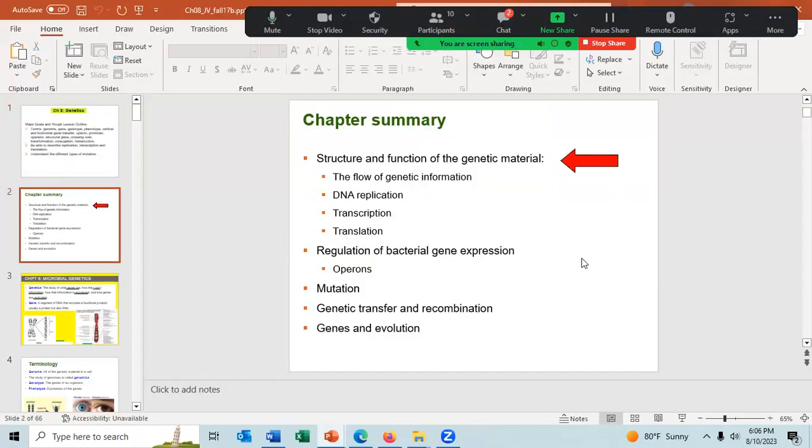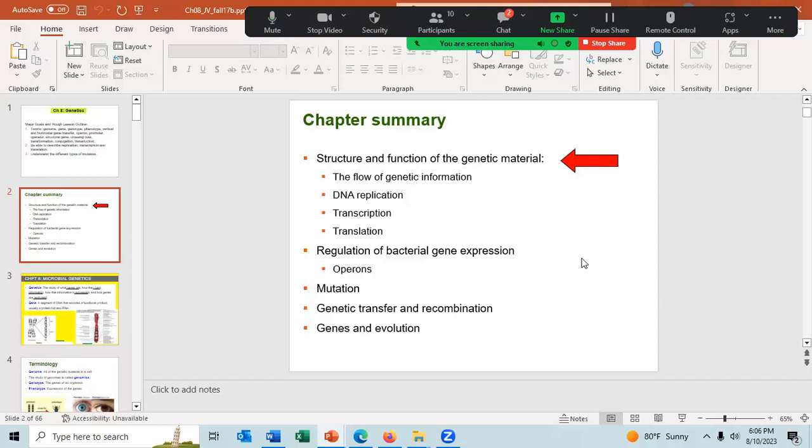This is a summary of what we're going to be doing. We'll talk about the structure and function of the genetic material, the flow of genetic information, how the information in the genes flows in the cells. We'll talk about DNA replication, RNA transcription, and protein translation.